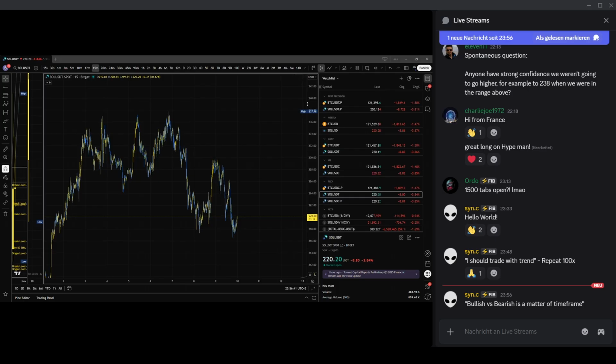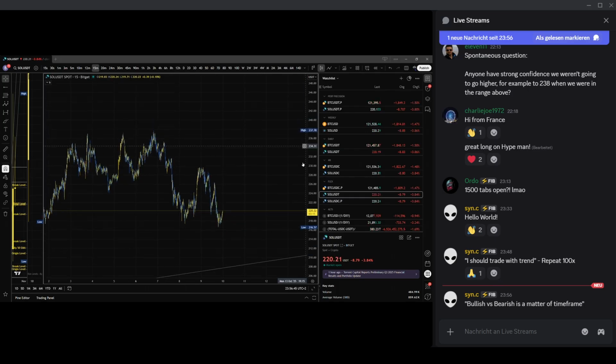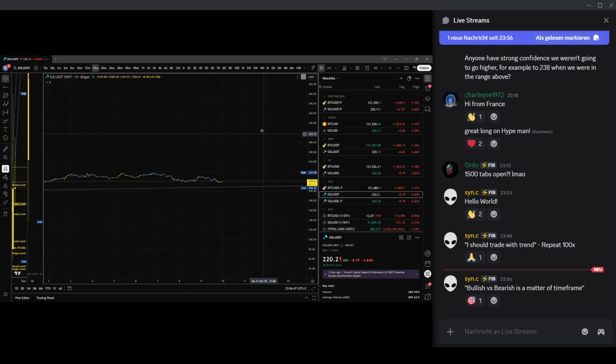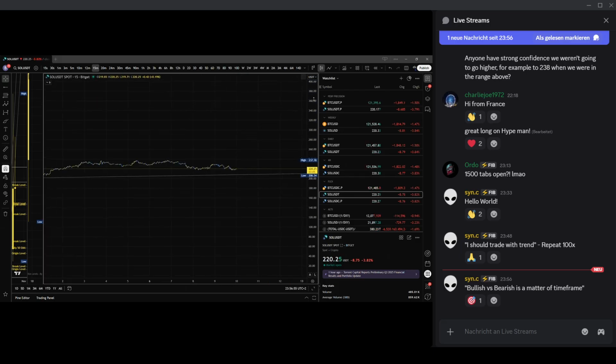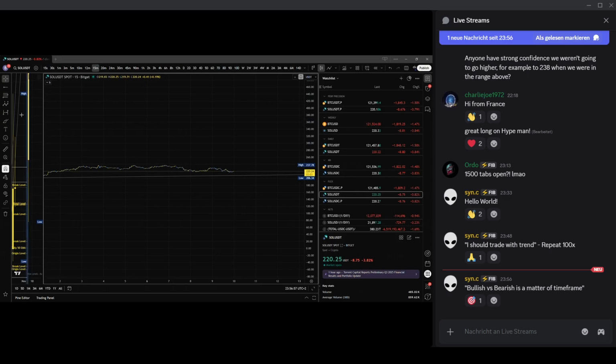I guess I wrote that plenty of times in chat, that price can go up as much as it wants. There's no big deal in going up 130% from here if it wants to, but price can only go down 100% to zero.